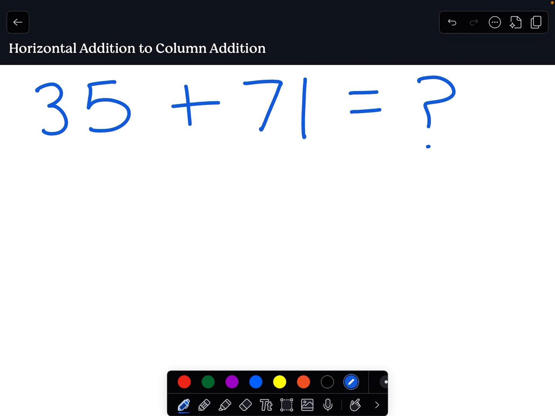Well, many times I see students look at this problem and say, oh boy, how do I solve this problem?